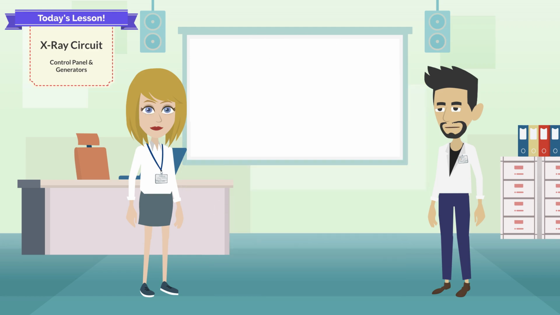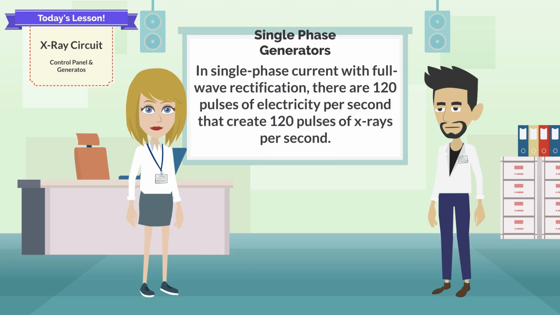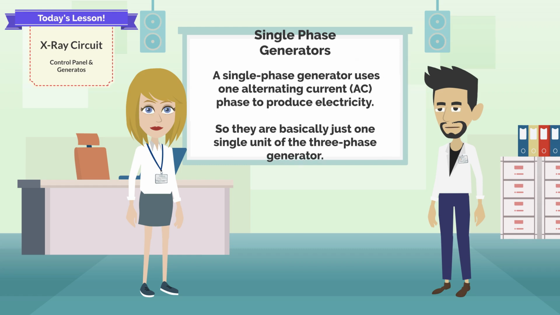In single-phase current with full-wave rectification, there are 120 pulses of electricity per second that create 120 pulses of X-rays per second. Single-phase generators are considered the lowest power and most basic X-ray machines. These are also the least expensive, which makes them a popular choice in small clinics and physician offices.